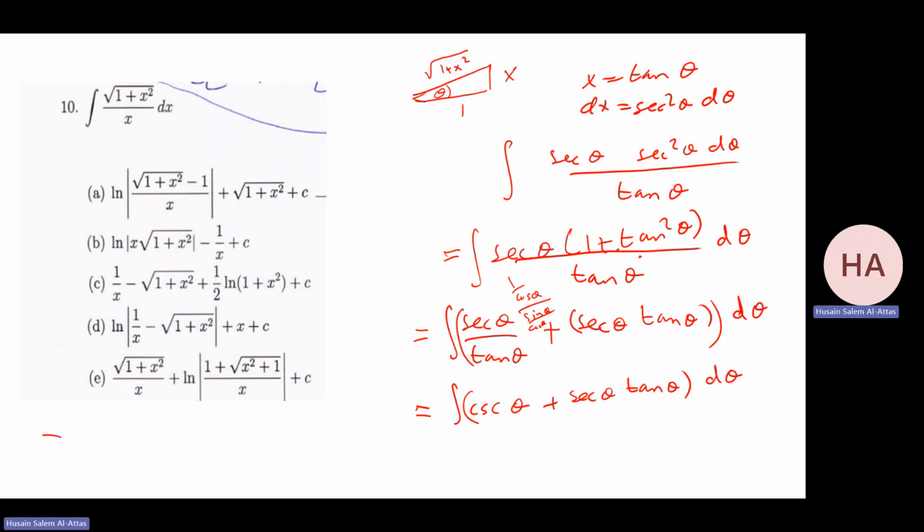And that will be then, what is the integral of cosecant? It will be cosecant minus cotan theta. And what's the integral of this? That will be secant theta.